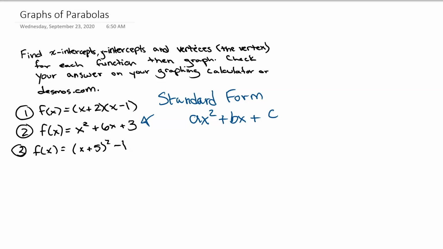We're going to first find our vertex, and then we'll find our y-intercepts and our x-intercepts.